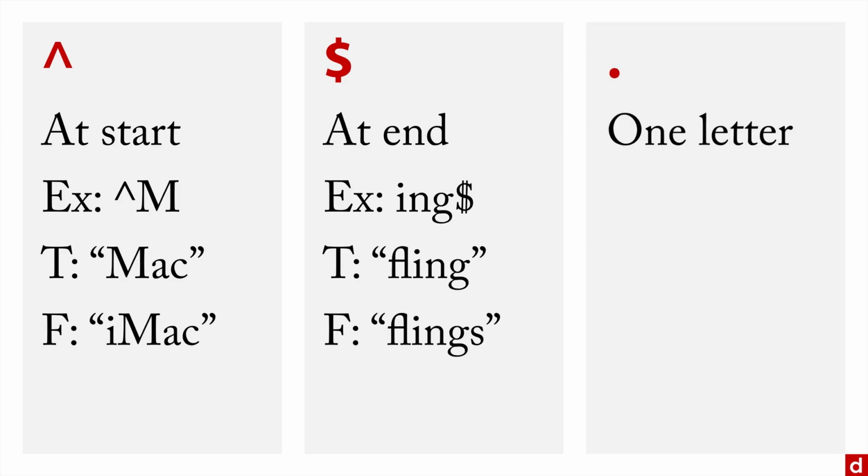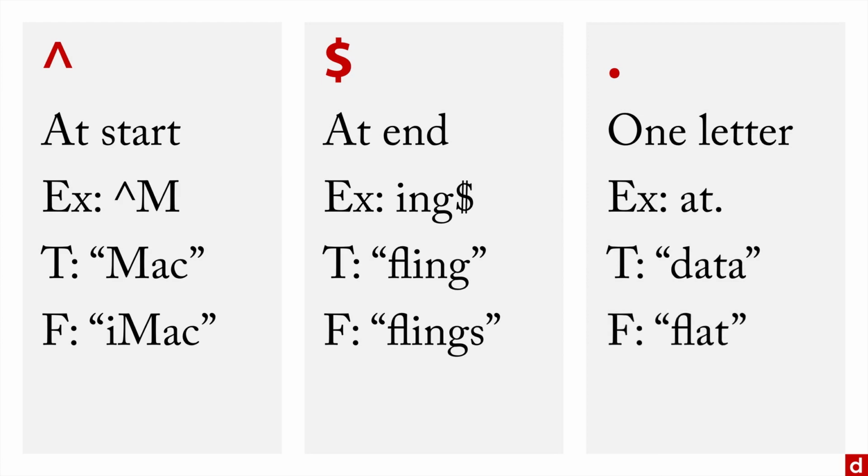So for example, you can write AT period, and that will find data because it has an A, a T, and then one letter after it. But it won't find flat because flat doesn't have anything after the AT. And so these are extremely simple examples of how it can work. Obviously, it gets more complicated, and the real power is when you start combining these bits and elements.